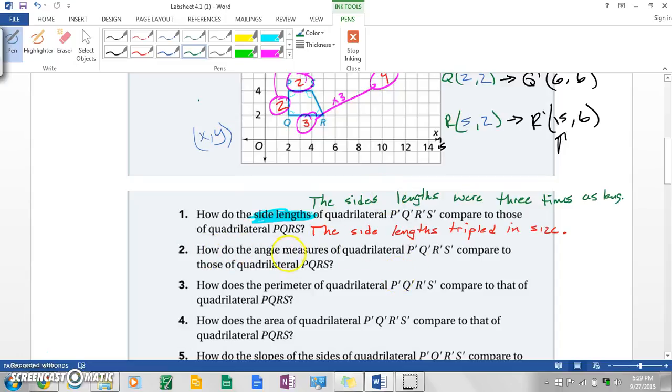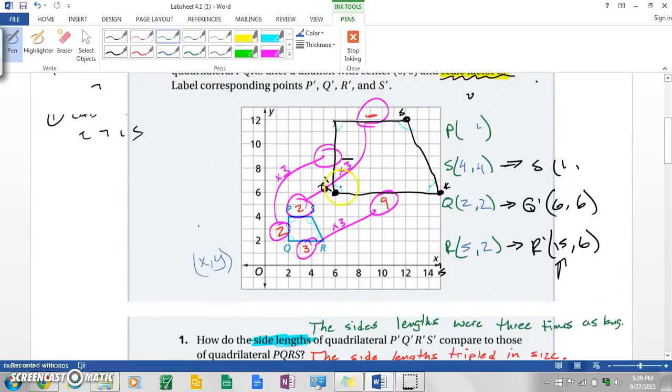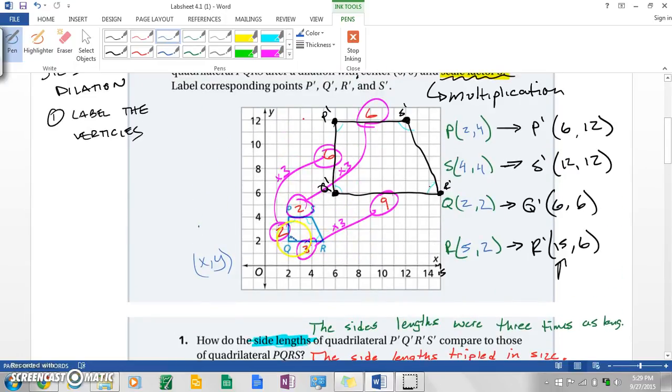Number 2 is how do the angle measures of quadrilateral P prime, Q prime, R prime, S prime compare to those of quadrilateral PQRS? We already talked about how the angles of these shapes stayed the same. The angles here are the exact same angles as up here.